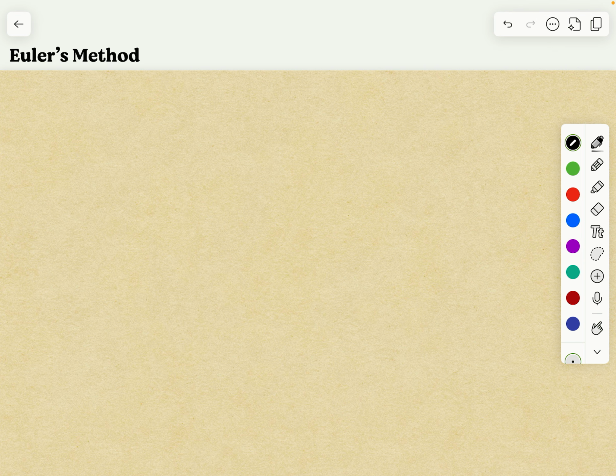So Euler's method is an example of something called a numerical method. So a numerical method is something that is used to approximate something that you want to find.